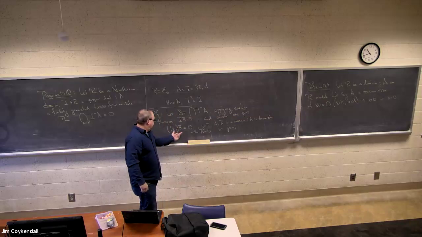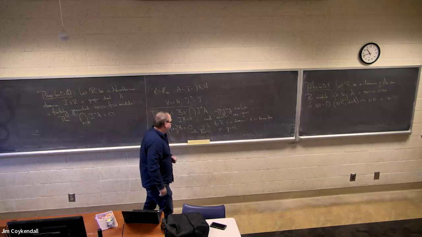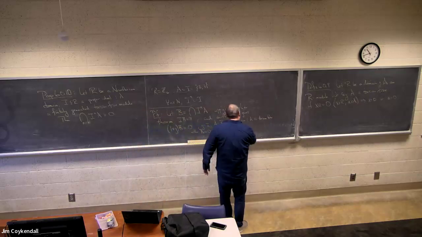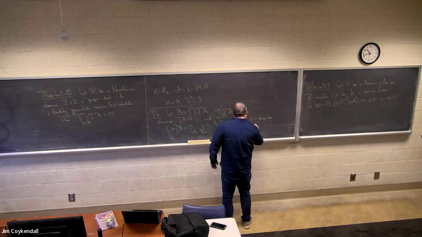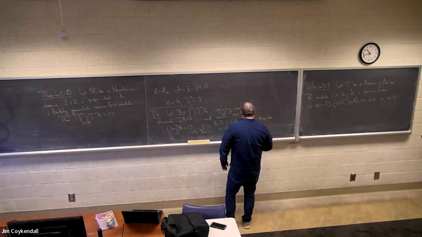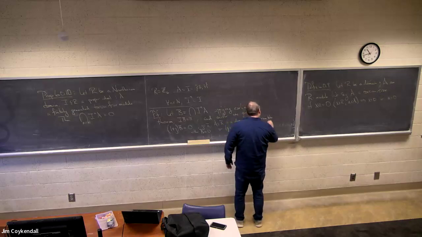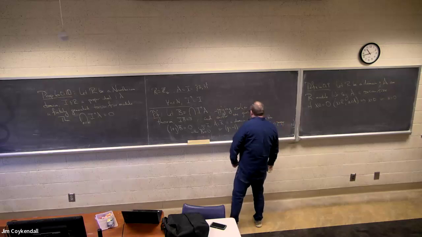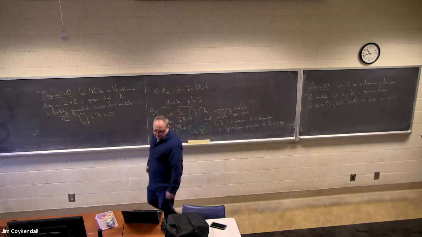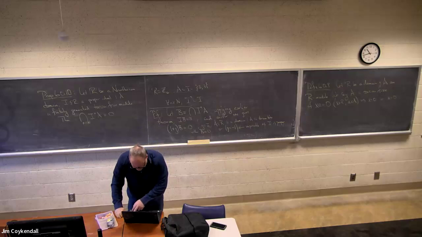Because either B has to be 0 or this thing has to be 0, because the module is torsion free. But this one is impossible. No proper ideal has -1 in it. So that does it for that.